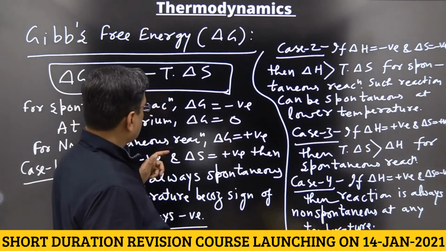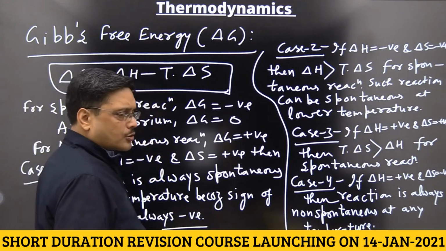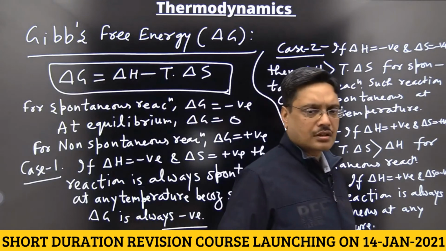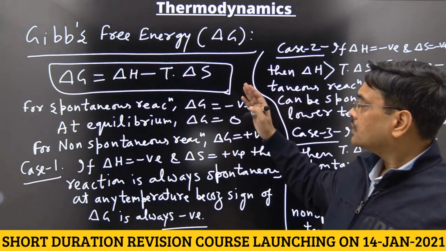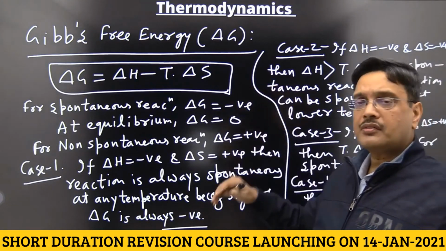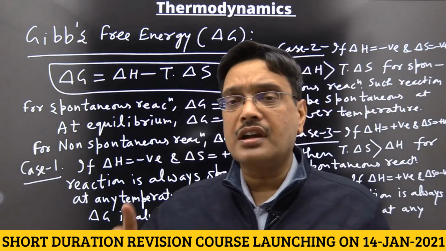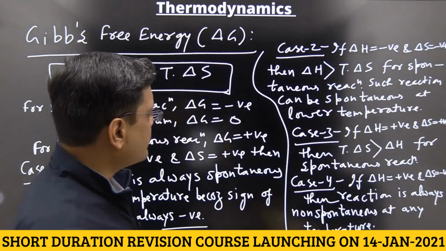We will also see the numericals on this equation after completing the theory part. Now we see the relation between delta G and delta G naught. Delta G naught is the standard Gibbs free energy.